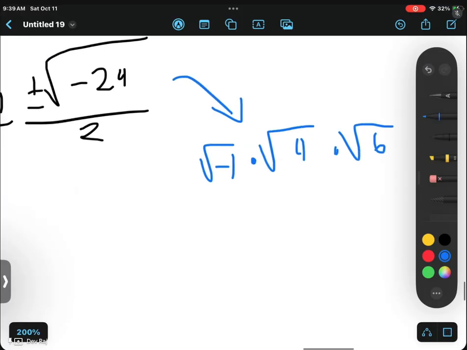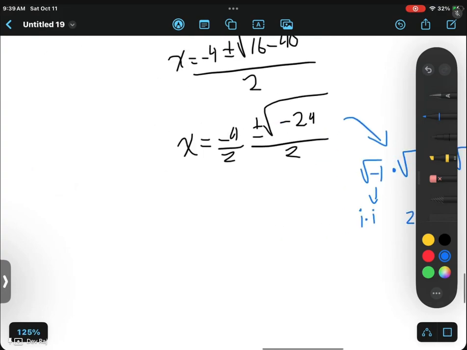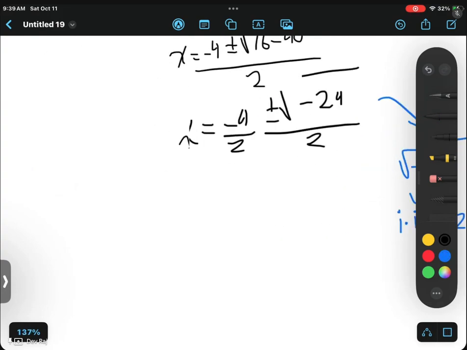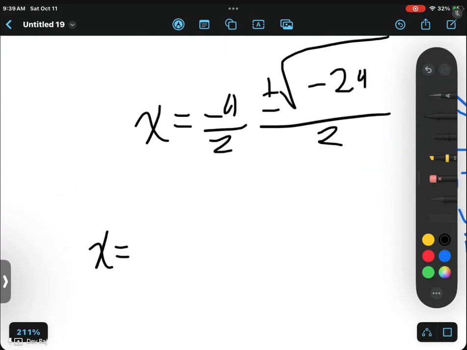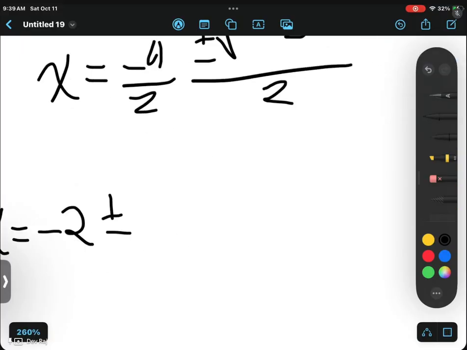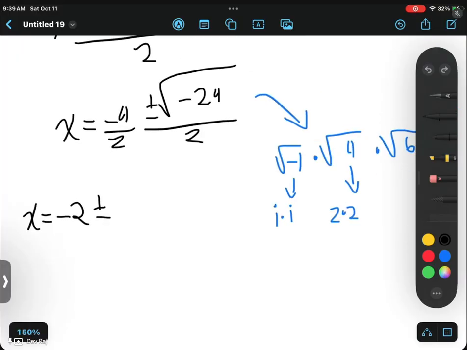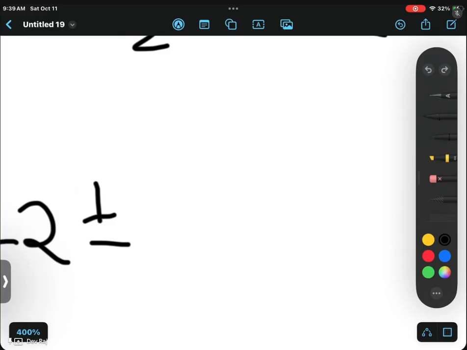Okay. So this square root of negative 1 is just i, the square root of 4 is 2, so we could take those out. Then we could turn this into x equals negative 4 divided by 2, just negative 2, plus minus, and then we said that i could be taken out and 2 could be taken out.